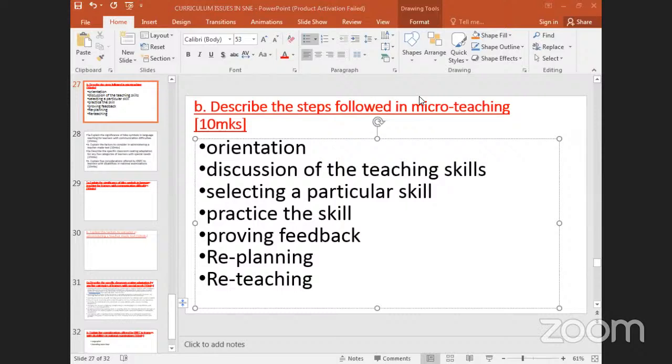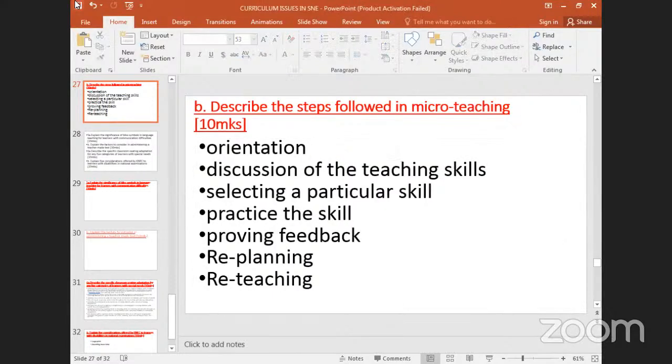We are looking at the micro teaching. Like now, we are going to have our teaching practice. Micro teaching is like a shadow of the real teaching when you are out in the field.